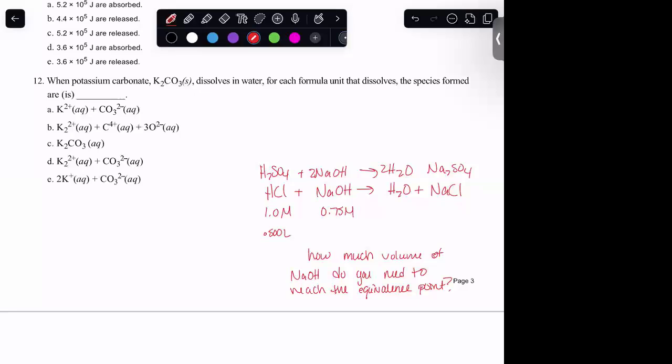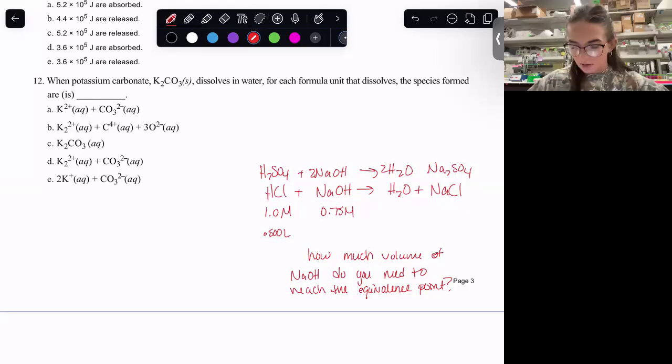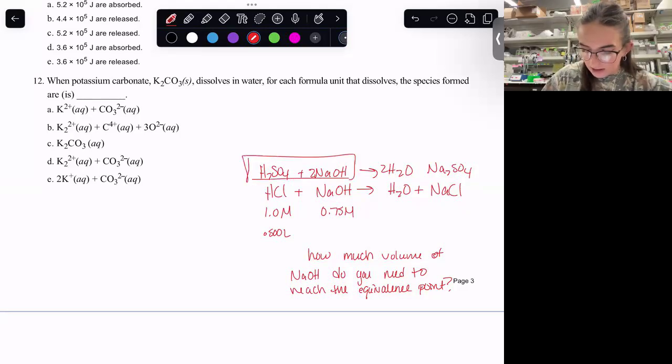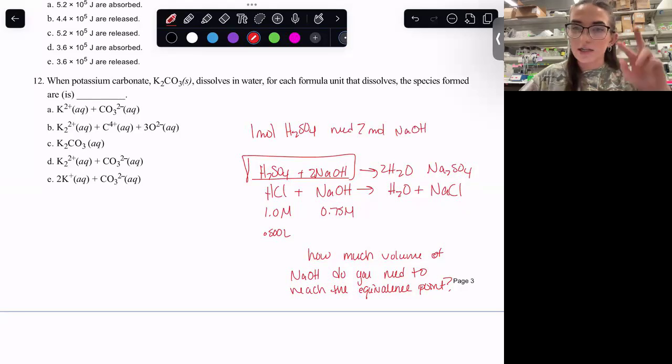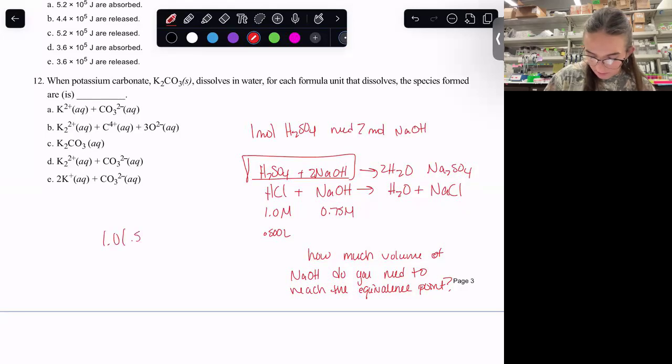So am I just making sure? Well, because we're already given molarity in liters, how would the coefficients affect it? If you're solving for this one here, then for every 1 mole of H2SO4, you need 2 moles of NaOH. So if you're trying to get to equal moles, that's where that comes into play, right? So you would take 1 times 5 liters to get to 0.5 moles.